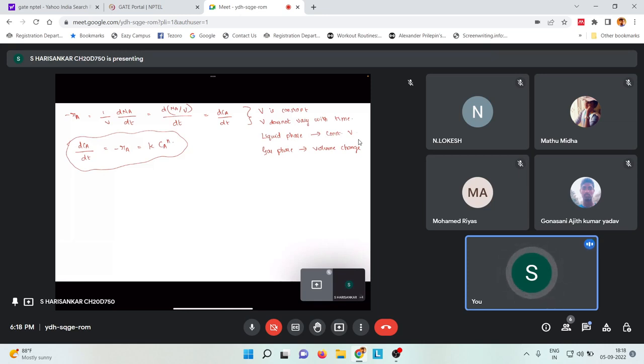In very simple terms, the order of a reaction is an experimental quantity, basically the sum of the exponents of the concentration terms. And k, as I said, is the rate constant.